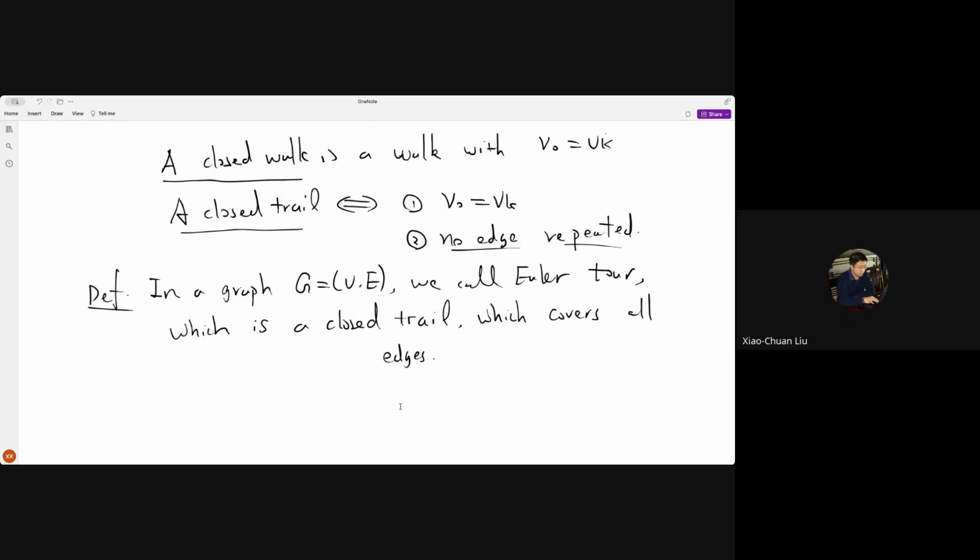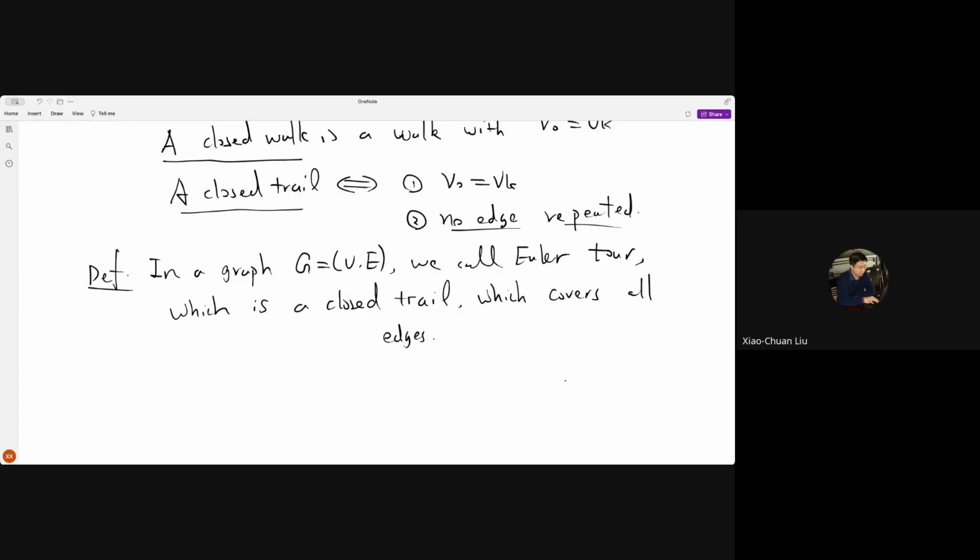Okay, do you agree? So remember, the problem asks you to go over all bridges. So a closed trail, maybe, for example, in this picture there, I can draw A, B, and C and come back. This is a closed trail, but it does not cover all edges. What's going on is you have to cover all edges, and then you call this an Euler tour.